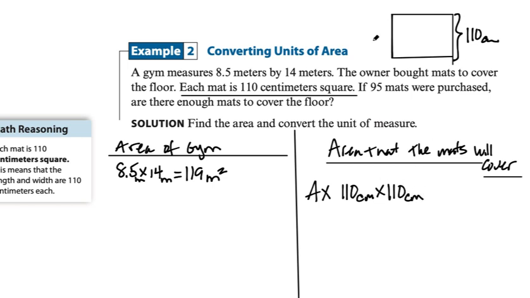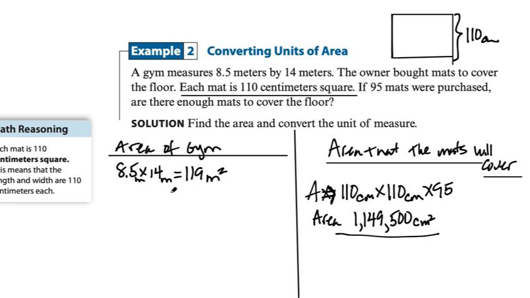That's giving me the number of little square centimeters in each mat, and I got 95 of them. So I'm going to multiply that by 95. And when I'm done, the area is going to be a whopping 1,149,500 centimeters squared. So that's just how much the mats are going to cover.